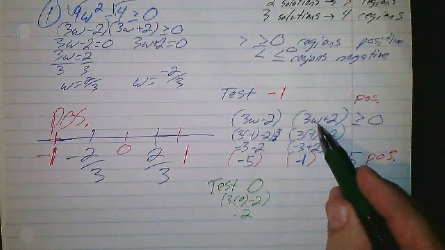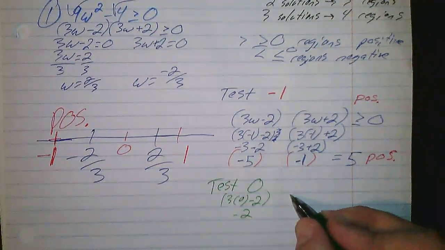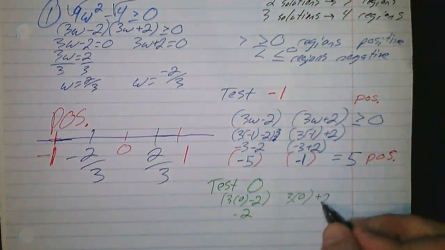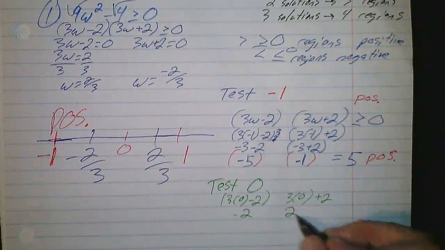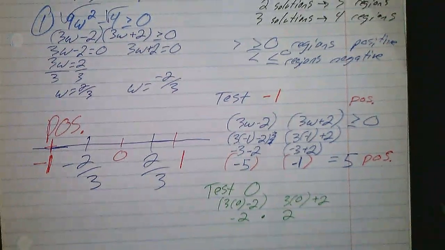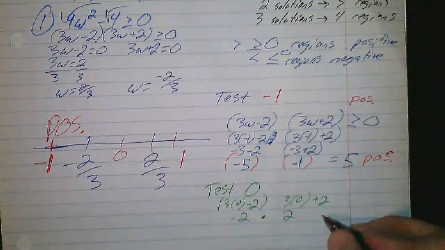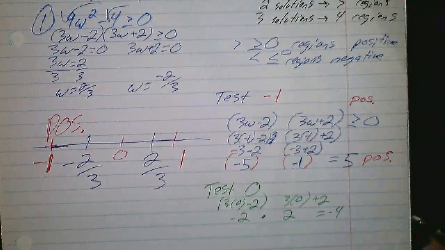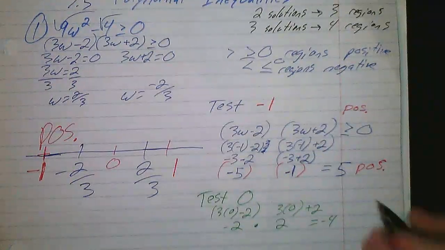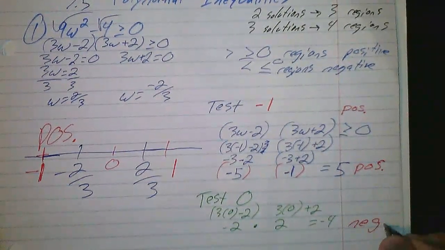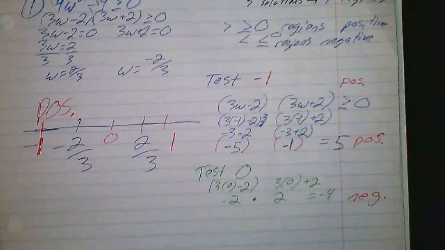If we zero out this W, we get just a positive 2. Again, we're multiplying our factors. So negative 2 times positive 2 is a negative 4. Again, the only thing we really care about is that it's negative.